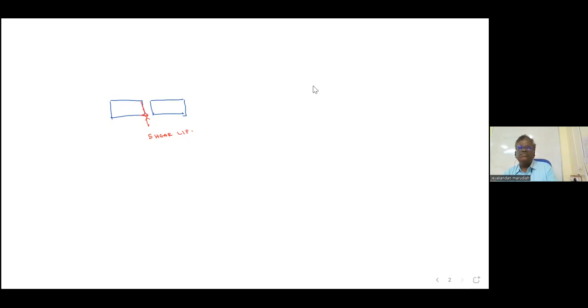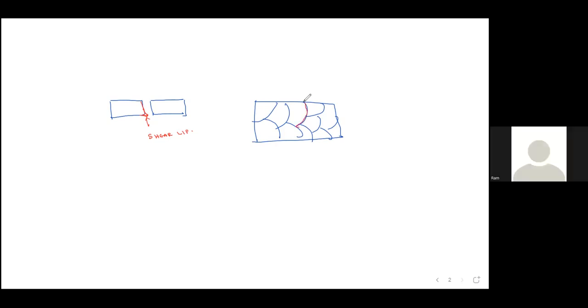Another one is, if you have a material with grains like this, and the crack follows a grain boundary, this is called intergranular.